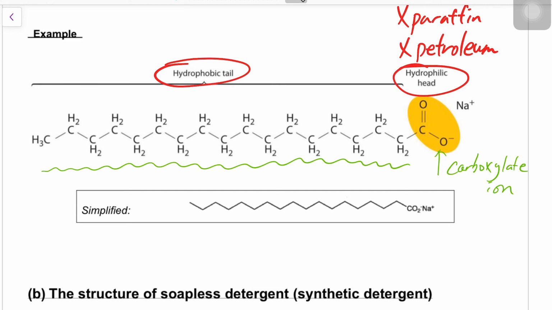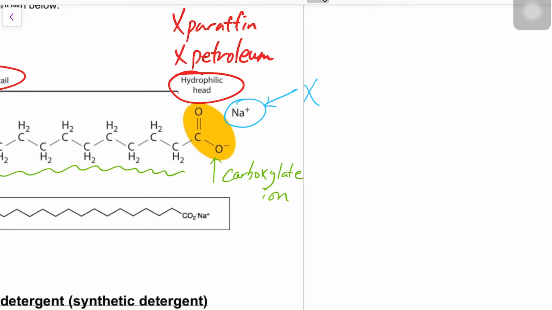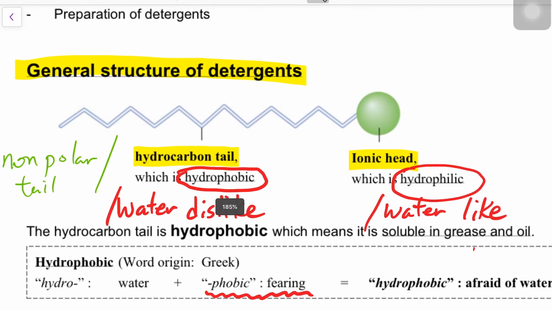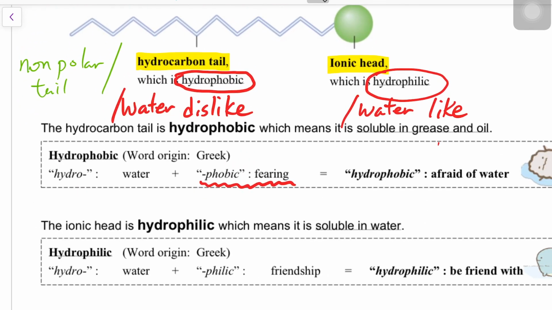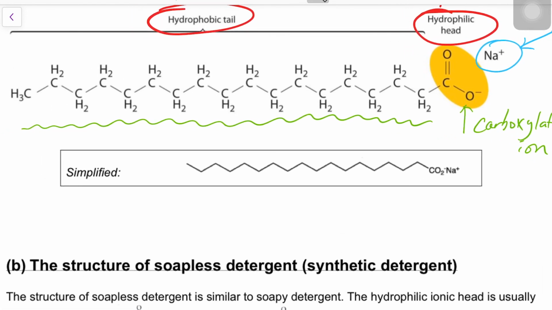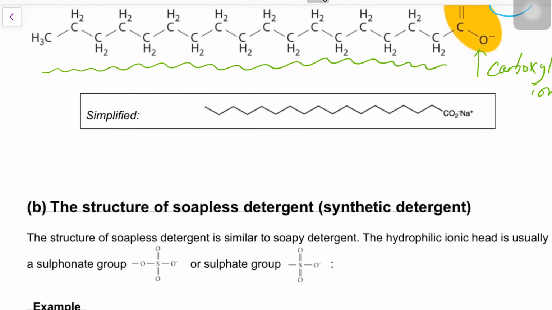But you need to be careful: the sodium ion is not the hydrophilic head. It doesn't count, it is not included. That's why in this picture we haven't included the sodium ion, potassium ion, whatever. Sometimes for the structural formula we use this one to save our time. This is the natural source soapy detergent.